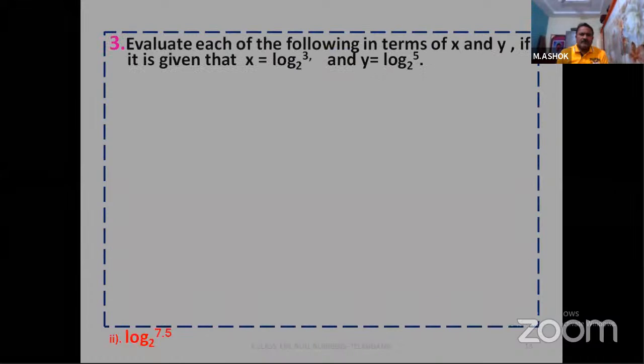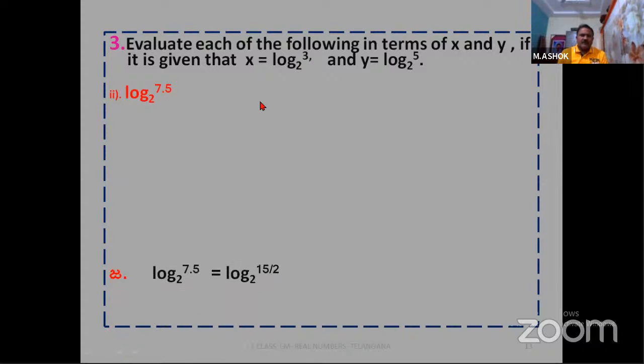Look at the second bit. Log 7.5 base 2. We have to evaluate this in terms of x and y. So I am writing 7.5 as 15 by 2, since 7.5 is half of 15.